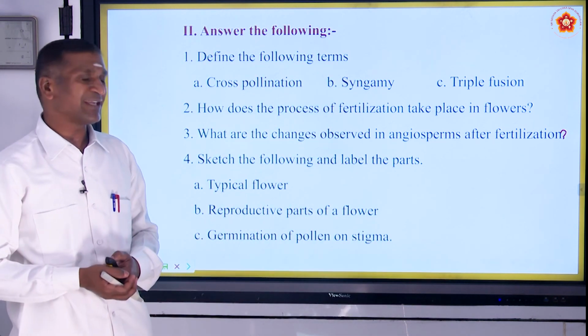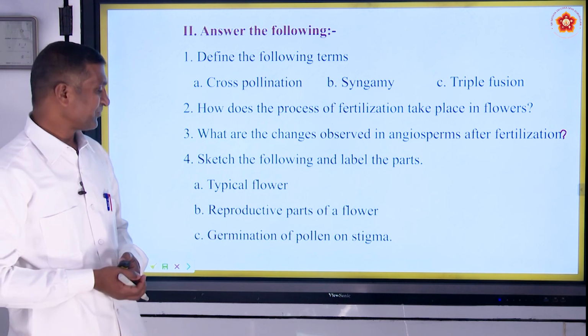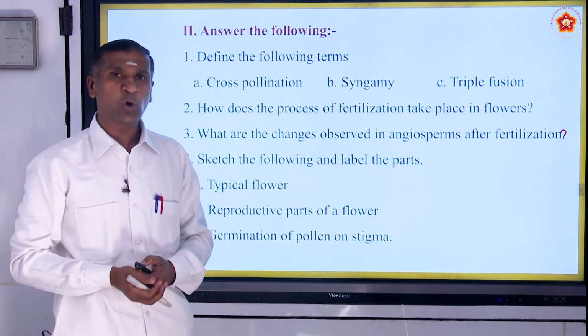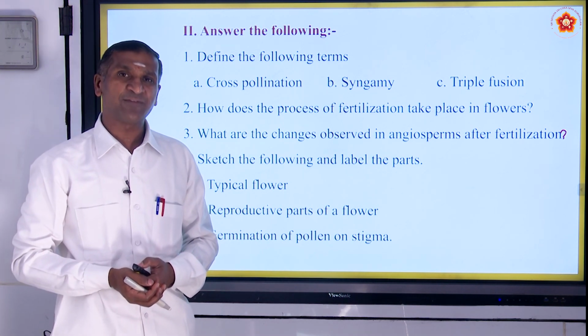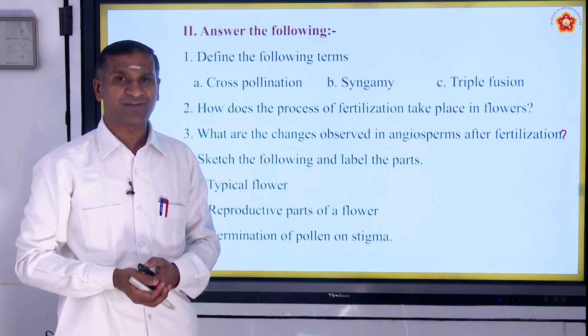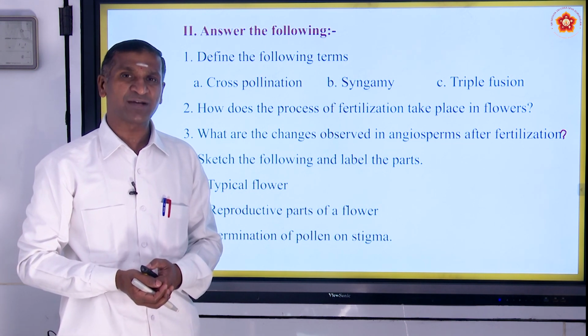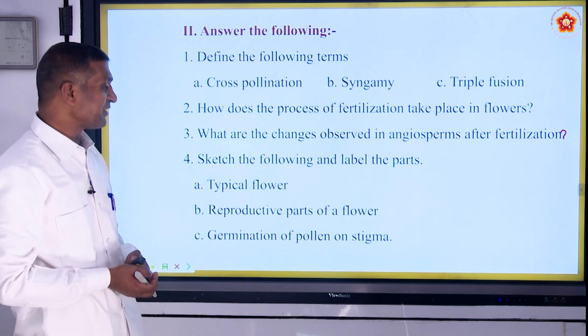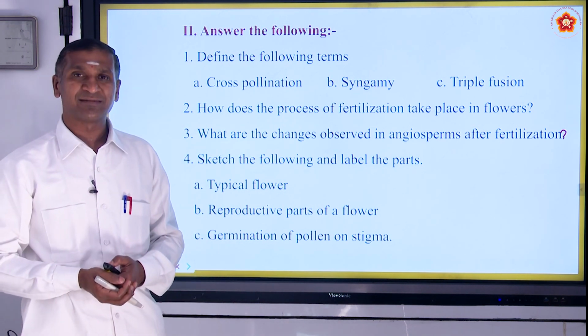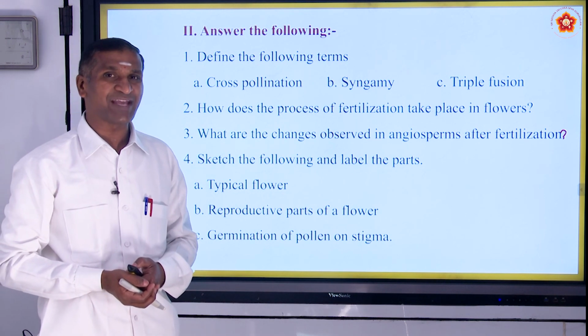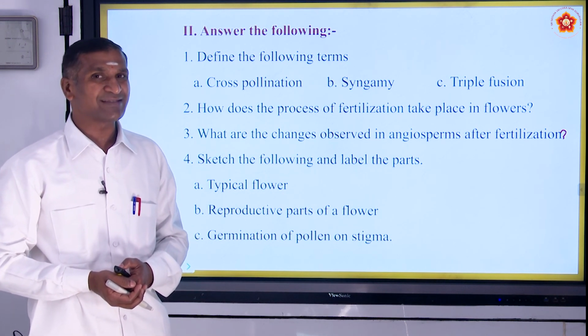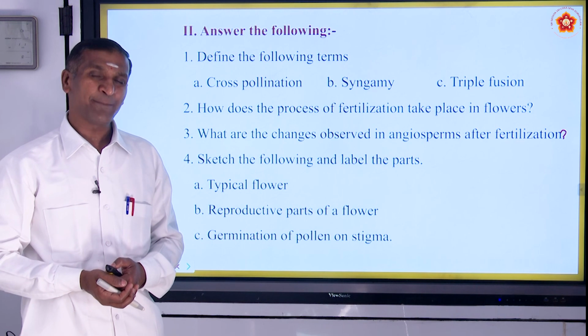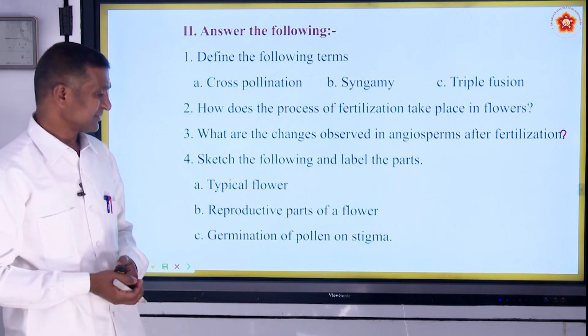Sketch the following and label the parts. A. A typical flower. Always remember, typical flower means bisexual flower. Very simple to draw is a hibiscus flower. B. The reproductive parts of a flower. Very happy you all are quoting from there itself. One is the stamen, and there is the pistil or the carpel.